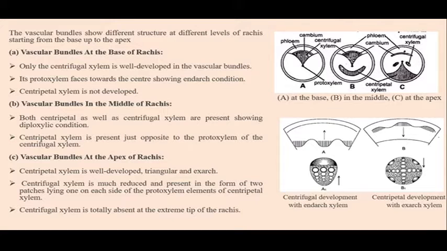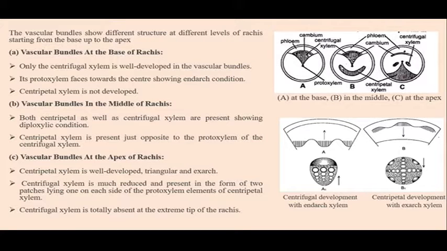Next, vascular bundle at the apex of rachis. Here the centripetal xylem is well developed, triangular and exarch, and the centrifugal xylem is much reduced and present in the form of two patches lying one on each side of the protoxylem element of the centripetal xylem.